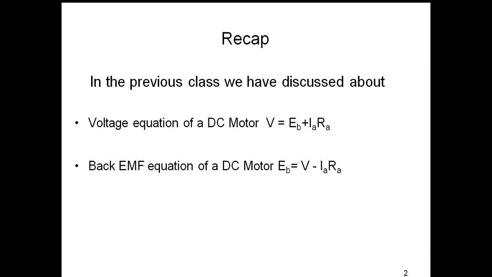From that, the back EMF EB can be written as EB is equal to V minus IA RA. We have already learnt about the significance of back EMF.